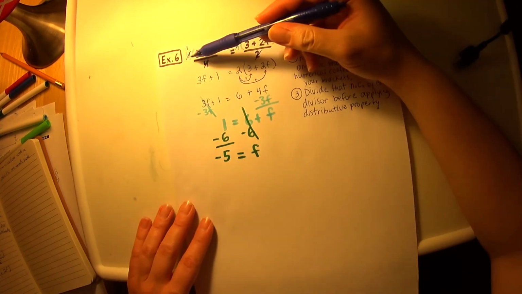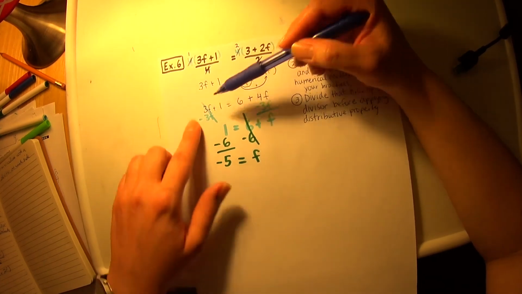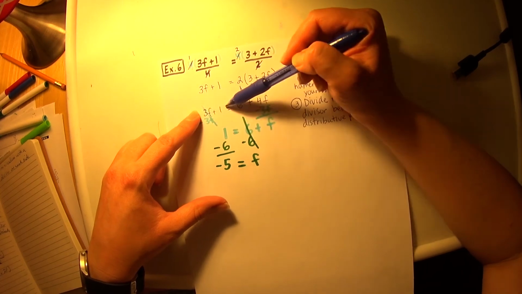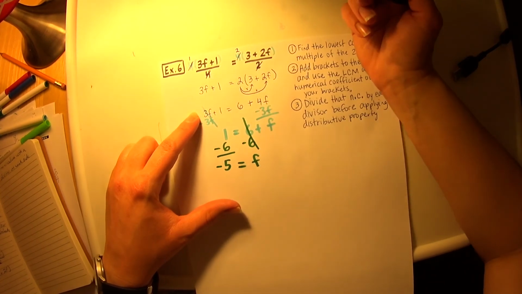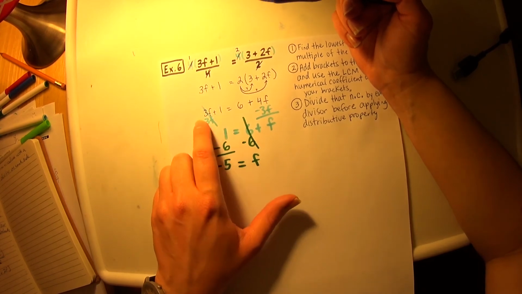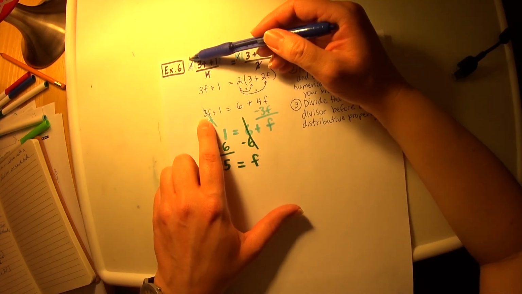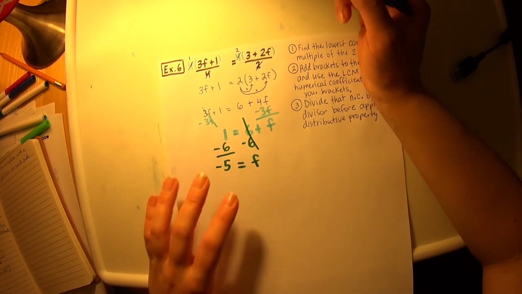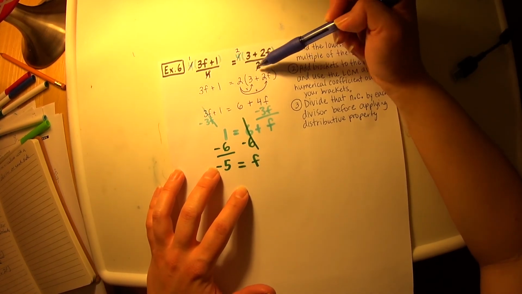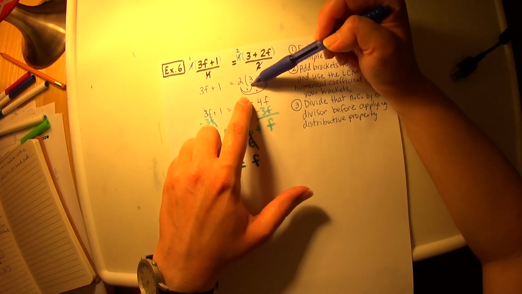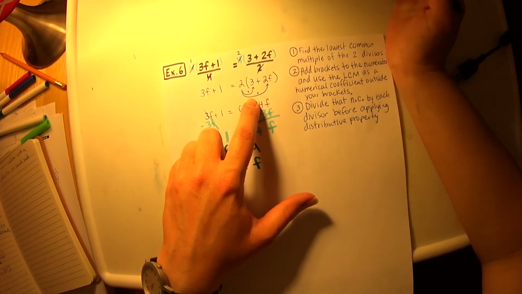So I did 4 divided by 4 and was left with just a numerical coefficient of 1. I could have distributed that, but 1 times 3f would still be 3f, and 1 times positive 1 would still be 1. Anything times 1 stays the same. So if you end up with a numerical coefficient of 1, you can simply drop it, drop your brackets, and you're done. Here, remember I divided my 4 by 2 and I was still left with 2, so then I had to apply the distributive property.